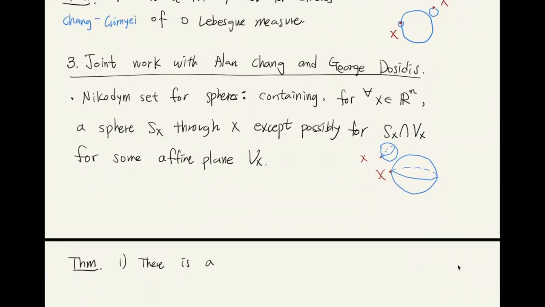Just one more question. In the case of Kakeya sets for spheres or circles, the Lebesgue measure is positive. That's what you said in the beginning.